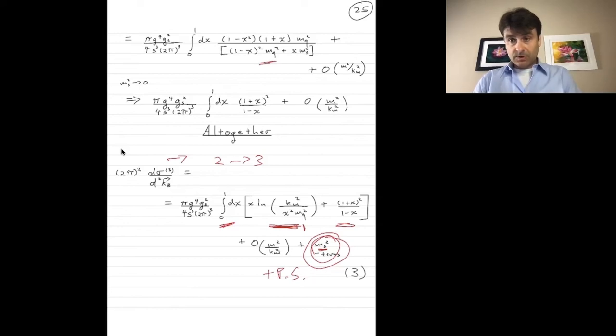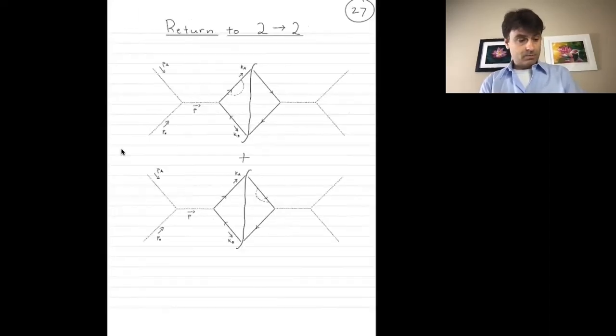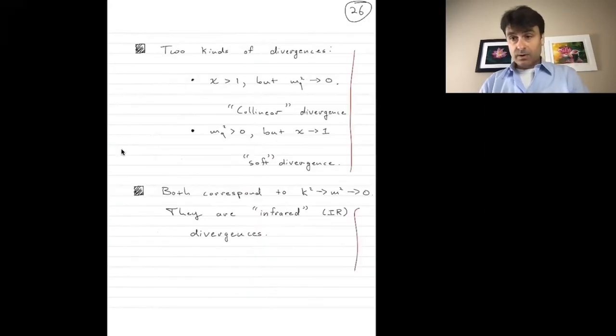Okay. So here's a summary of what I just said. Two types of divergences: when x goes to 1 and when mq squared goes to 0. Well, the x goes to 1 divergence is essentially an artifact of having put ms equal to 0. Okay, but remember what we said.